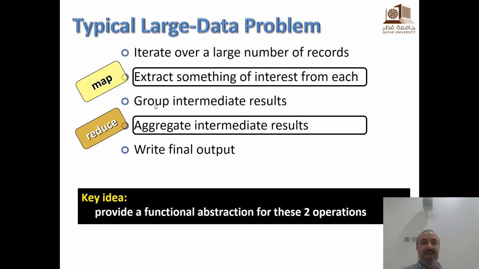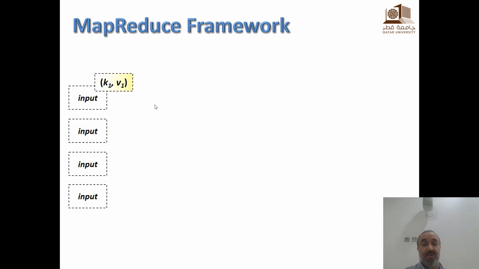First, the key idea here is that the MapReduce framework will provide to you as a programmer an abstraction, function abstraction of these two operations, map and reduce, which means that you will have to write a map function and you will have to write a reduce function. And these two functions will actually define what you want to do with the data, as you will see very soon.